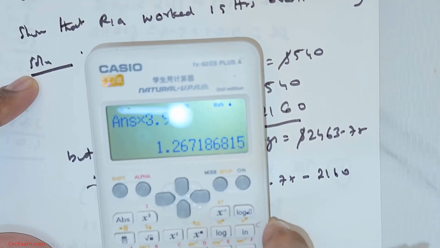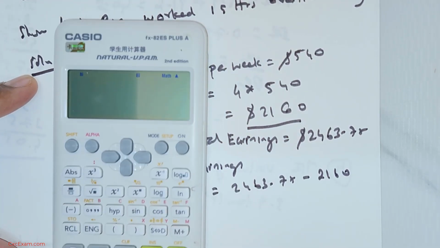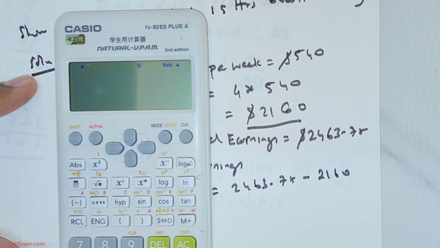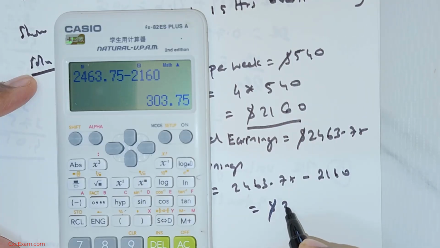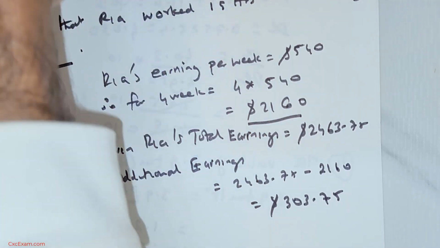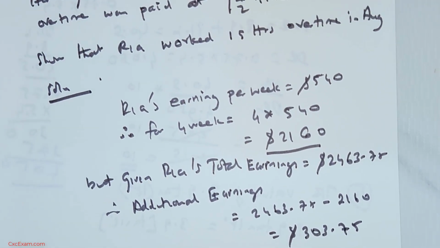Now, you're allowed to use a calculator, you can check that out. If you have a calculator, you can key in 2463.75 minus 2160. Right, so you're getting a value of 303.75. Okay, this is what you're getting.